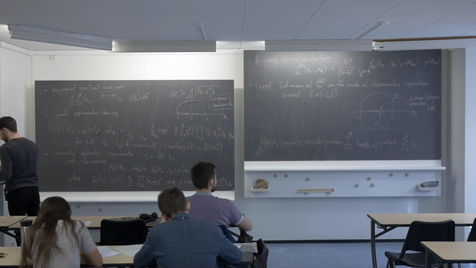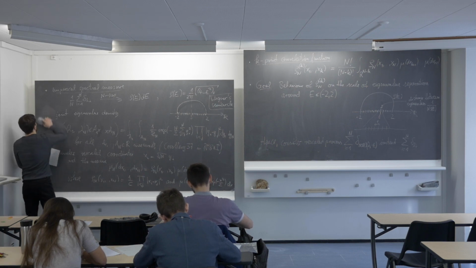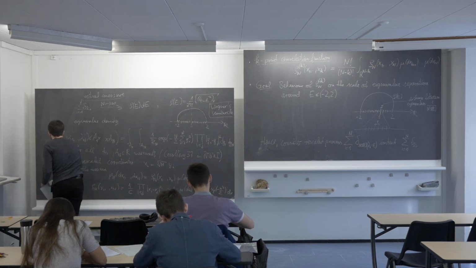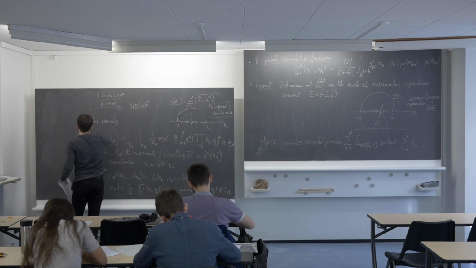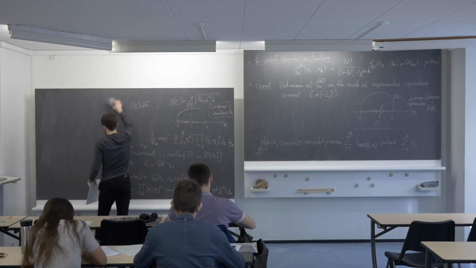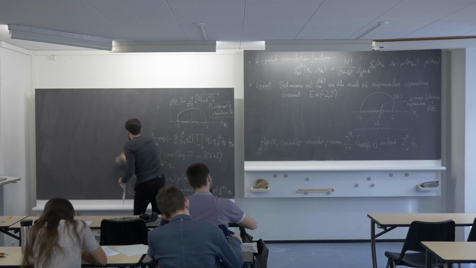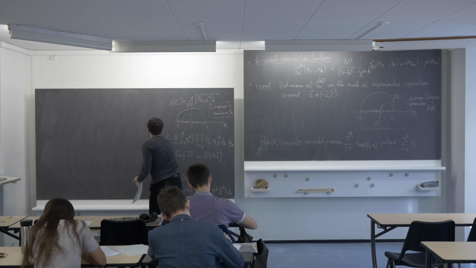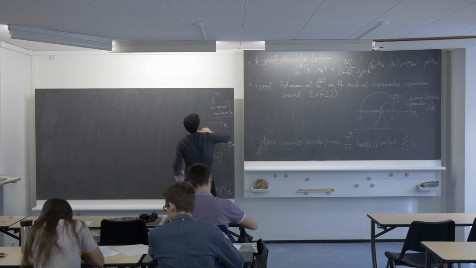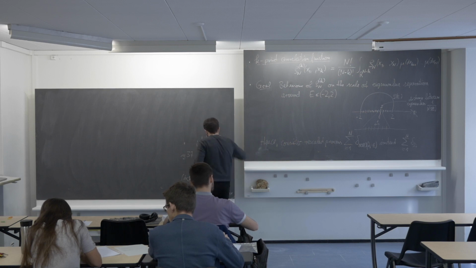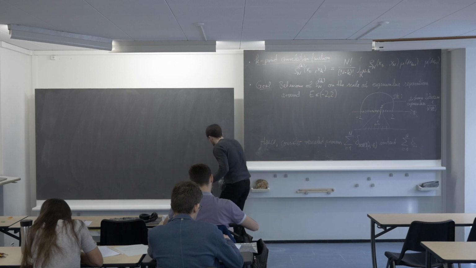So that's this thing, and as I mentioned before, this concept of the k-point correlation function somewhat depends on the measure you consider, on the reference measure, and the definition is still here.